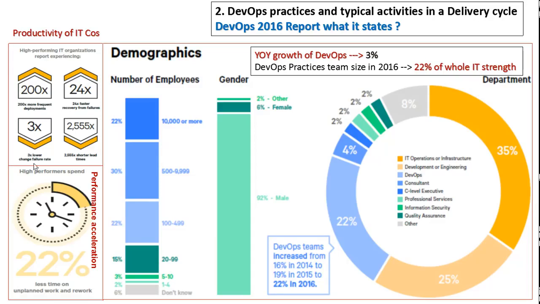At the same time, high performers are being produced through the DevOps culture, and unplanned work and rework is reduced to 22%. When you have such things, obviously that is the best example for the team's happiness, without having last-minute tasks before leaving from office to home.